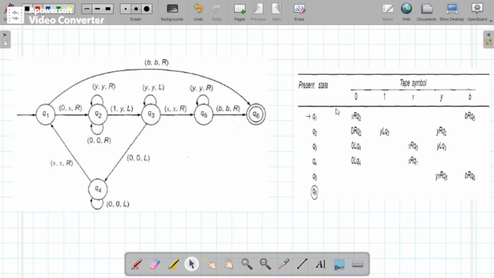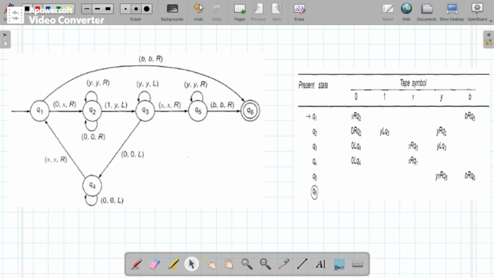You can see here this is a table for the same Turing machine, 0 to the power n, 1 to the power n, where n is greater than or equal to 0. So these are the states and these are the tape symbols. What are the symbols that are going to be present on the tape?